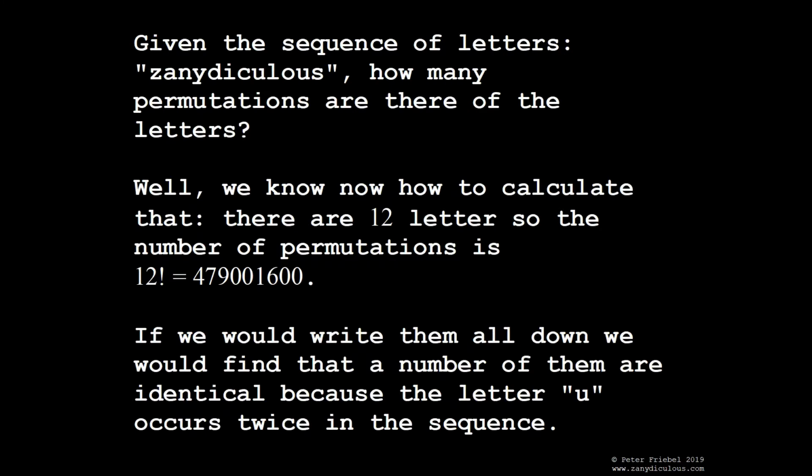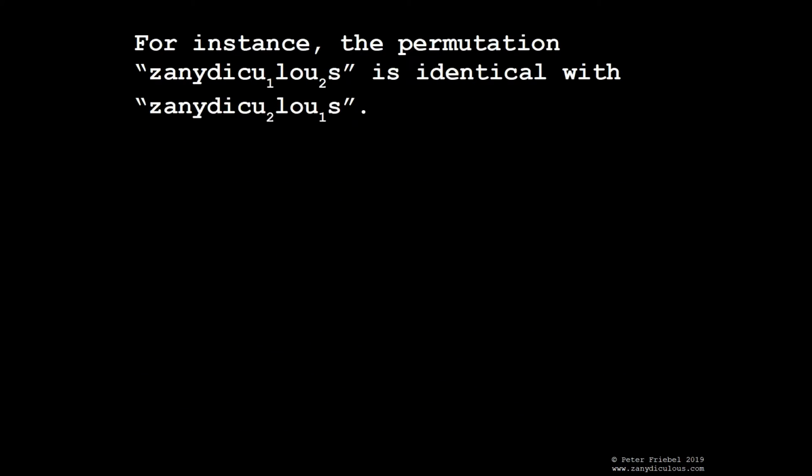If we would write them all down, we would find that a number of them are identical because the letter U occurs twice in the sequence. This one and that one. For instance, the permutation Zanydiculous with U1 here and U2 there is identical with Zanydiculous where U2 is here and U1 is there.